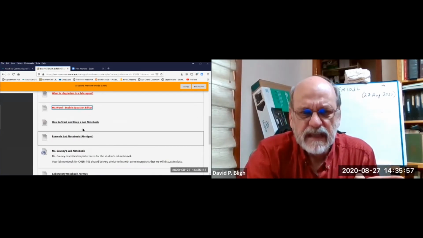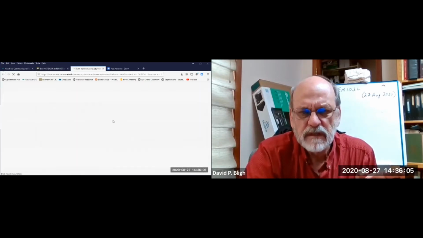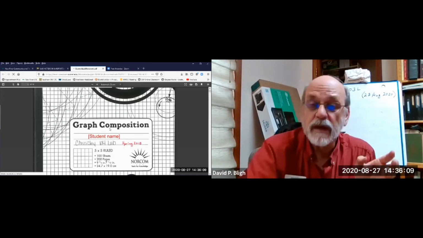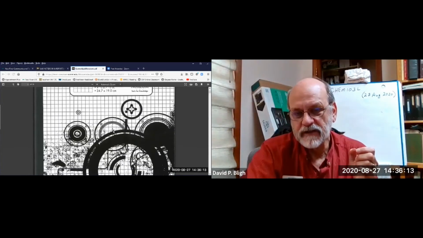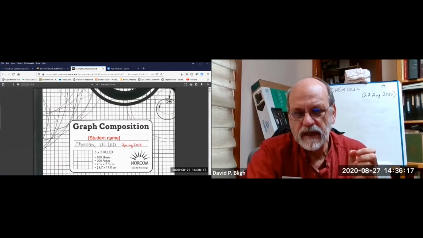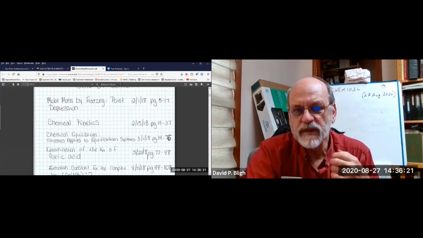Let's see. There's an example lab notebook. Let's see. Okay, I do have a sample lab notebook. All right, so this is what a student's lab notebook looked like. And good, I removed the personal information. And these are just some of the pages.